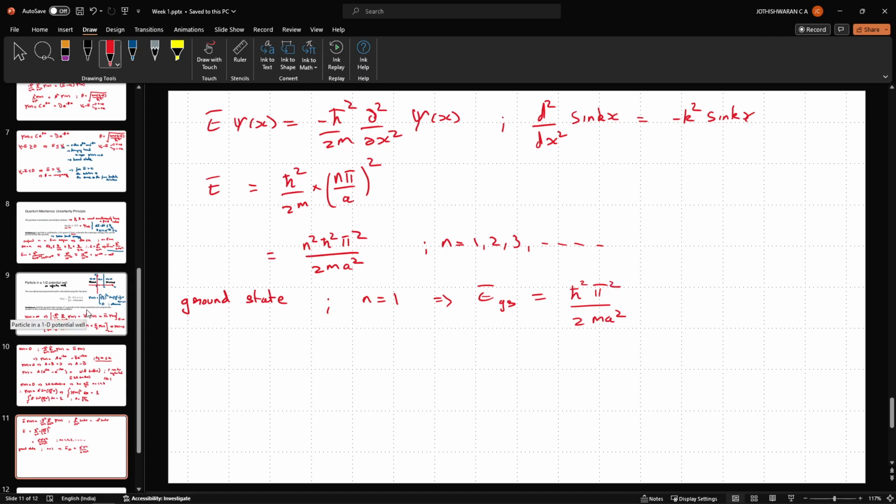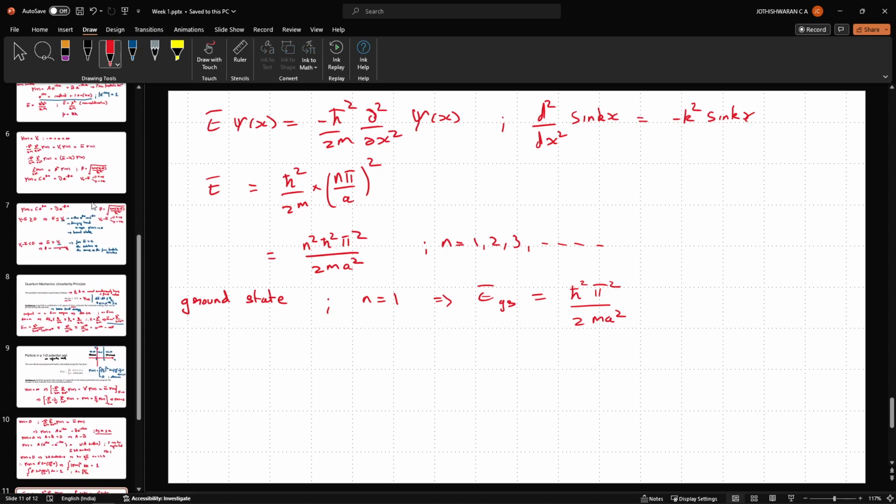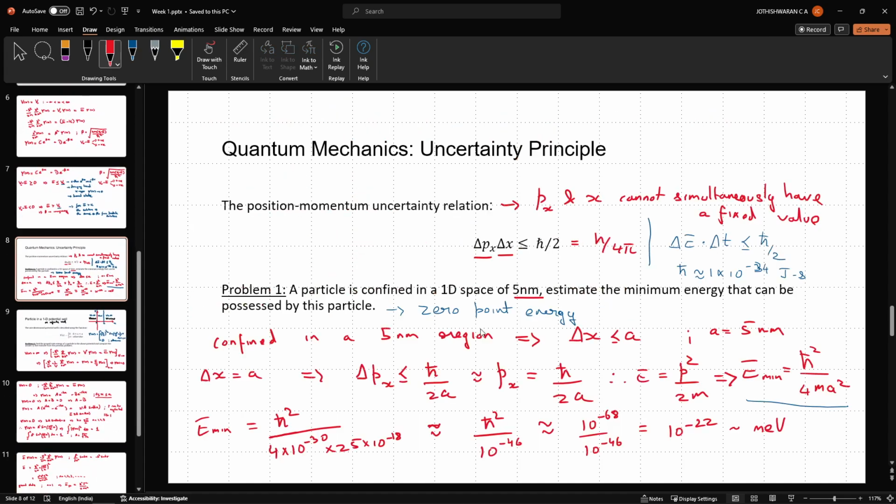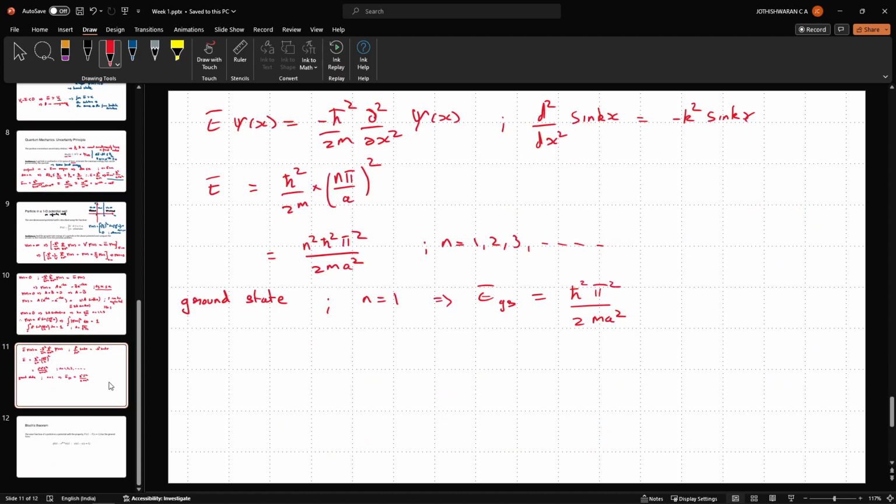The minimum energy that we had estimated in our previous question over here was this quantity. It is h bar squared by 4ma squared. Now I have h bar squared by ma squared and I have a quantity pi squared by 2 multiplying with it.